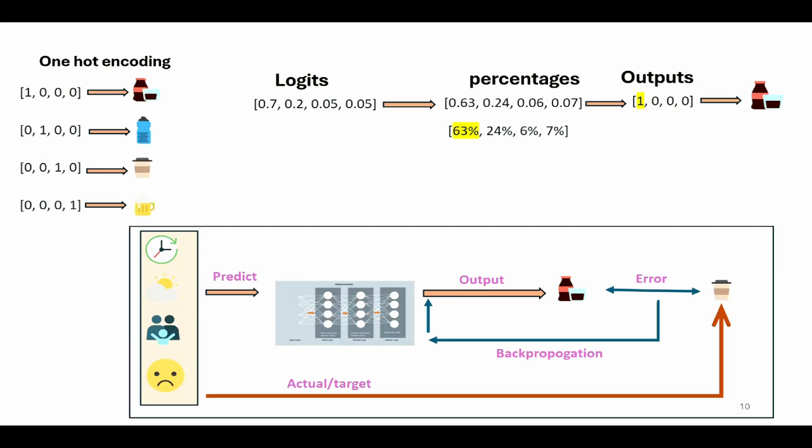Now, what we also have is, you see this line where it says predict, it goes through the machine, right? It takes an output, right? Now, the output that it said is going to be a soda, right? But let's assume for that same input that I passed through, let's say morning, low energy, alone, cold weather, right?